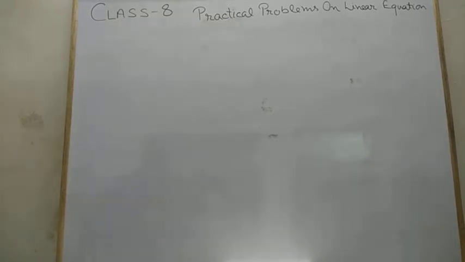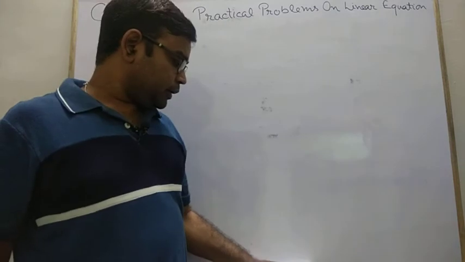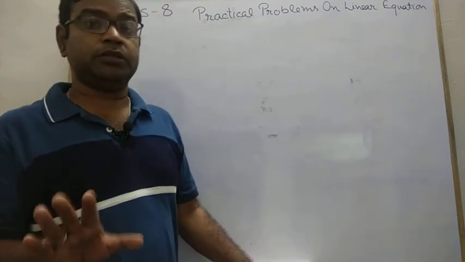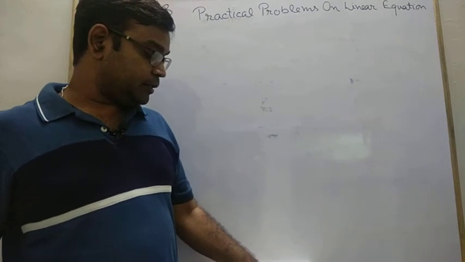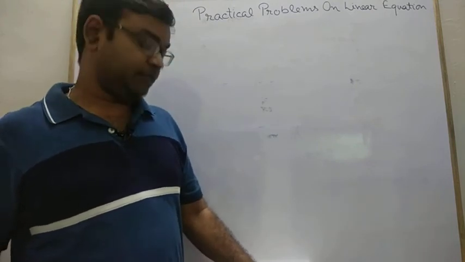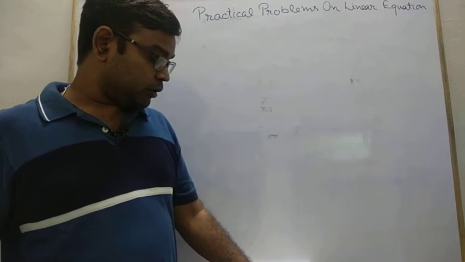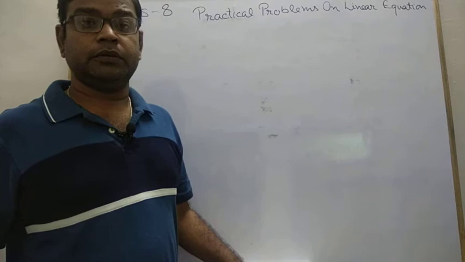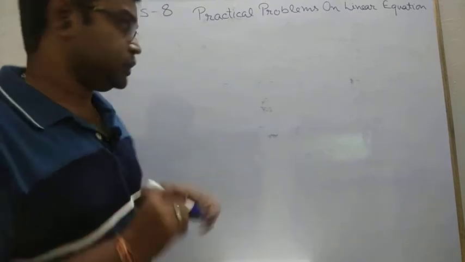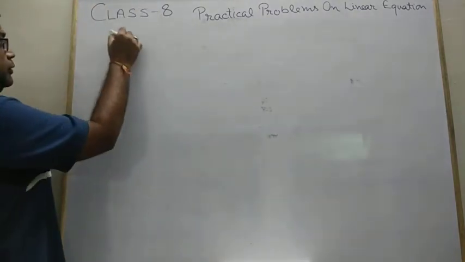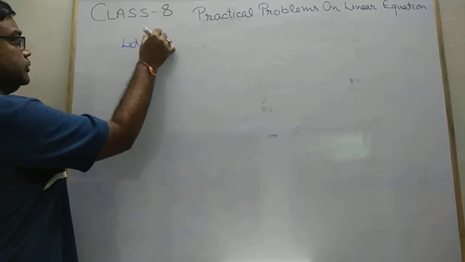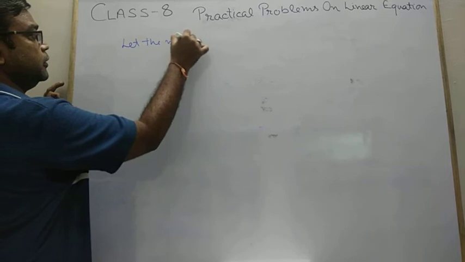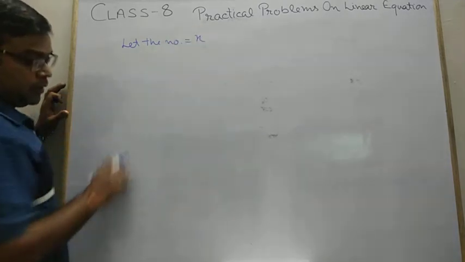Now the next question is, a girl was asked to multiply a number by 7 upon 8. The number is not given. Instead, she divided the number by 7 upon 8 and got a result 15 more than the correct result. What is the number? So one by one, see this side. Let the number equal x.